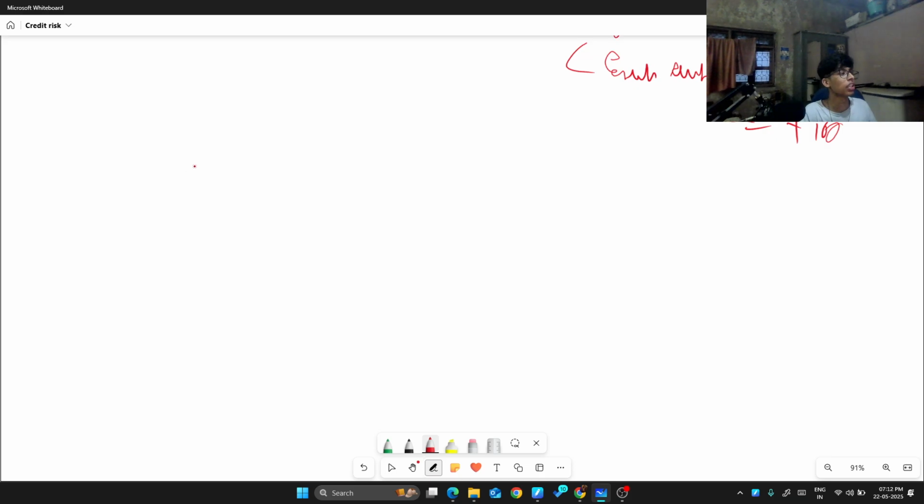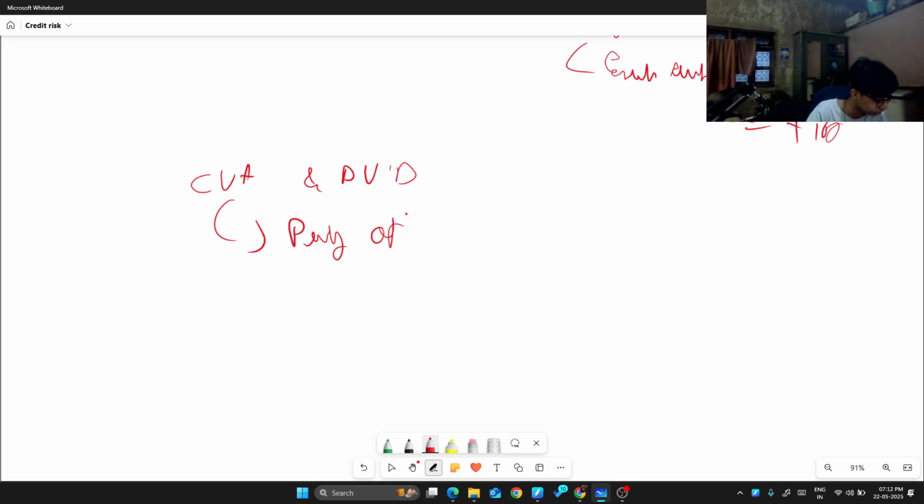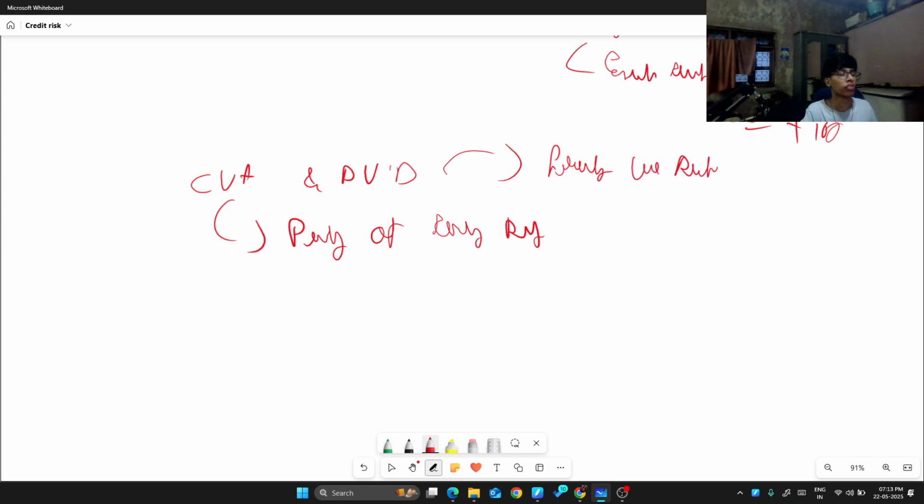And CVA and DVA, we looked at what CVA and DVA are: credit valuation adjustment and debt valuation adjustment. CVA is for the probability of counterparty default, the present value of expected cash flow, and we add the DVA, which is the probability of us defaulting, our own default.